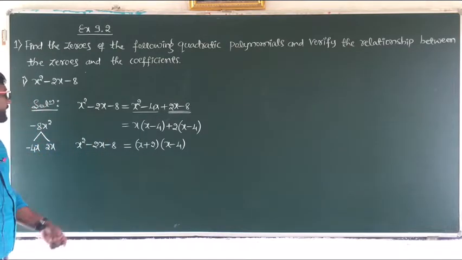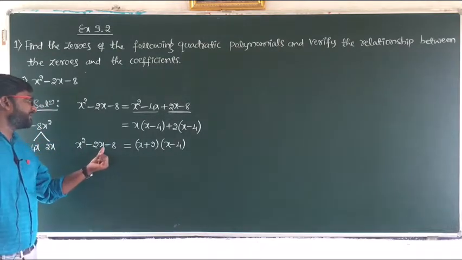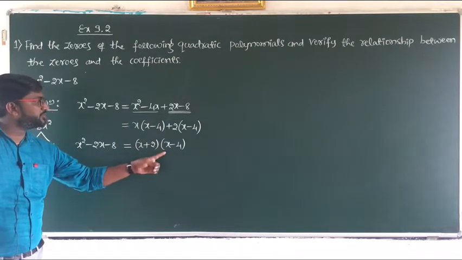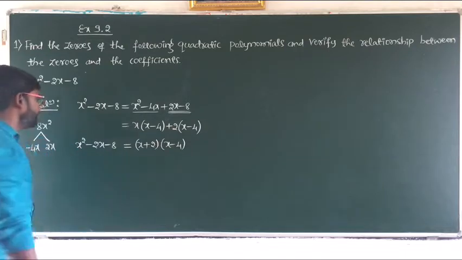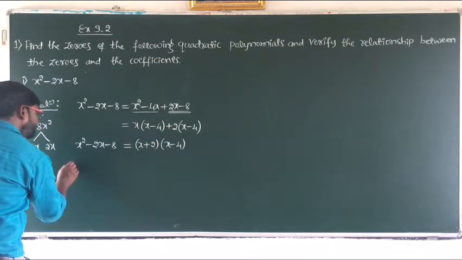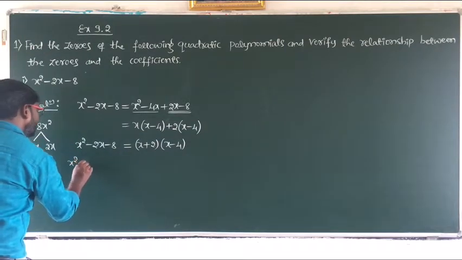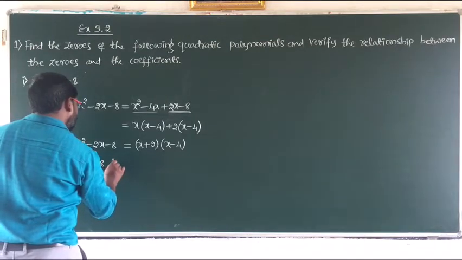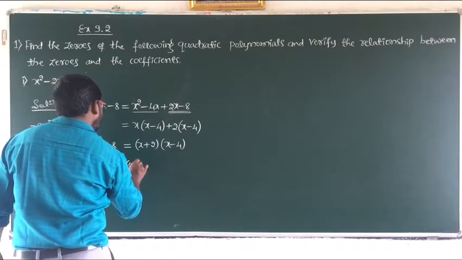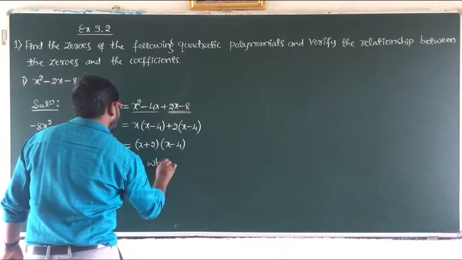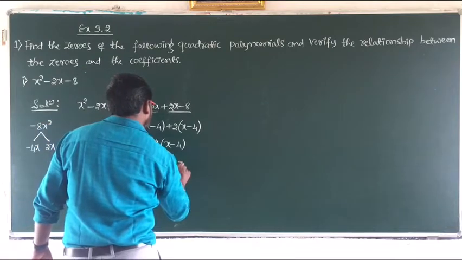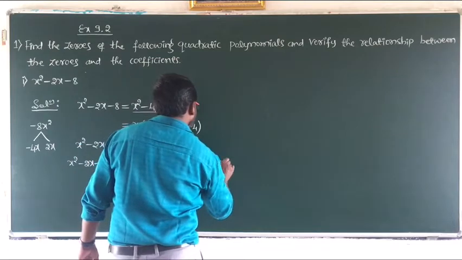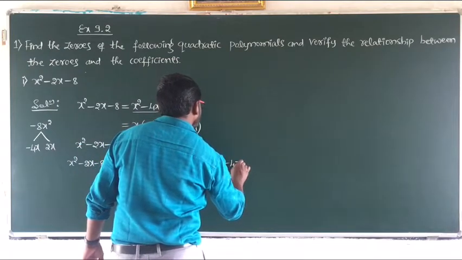Now x square minus 2x minus 8 will be 0 when x plus 2 equals 0 or x minus 4 equals 0.